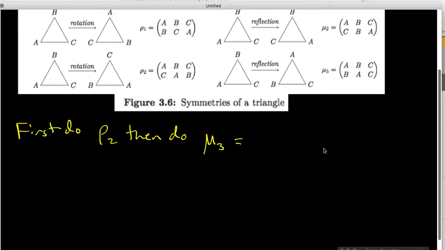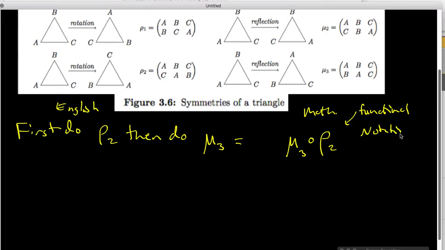So we want to say first do rho 2 and then compose that with mu3. So this is mathematics and this is English. And this is usually called functional notation.